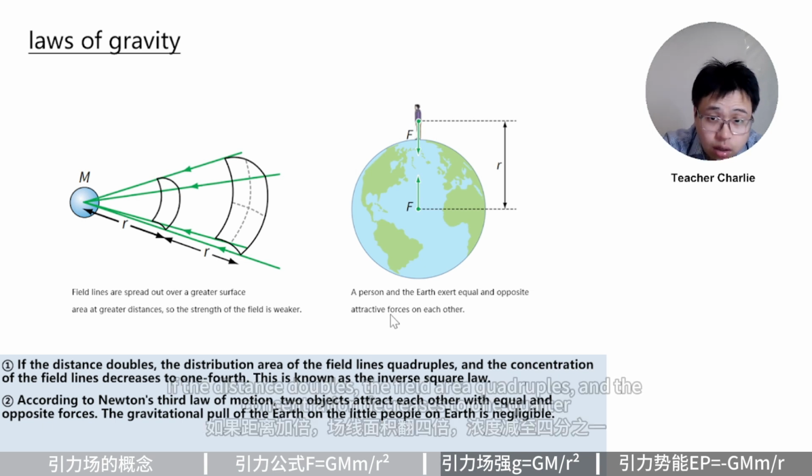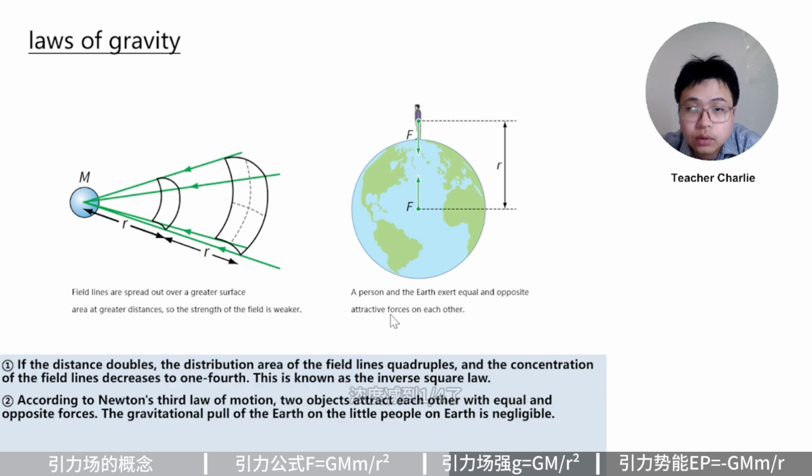If the distance doubles, the field concentration drops to 1/4. So when the distance doubles, the concentration falls to 1/4. This is called the inverse square law.